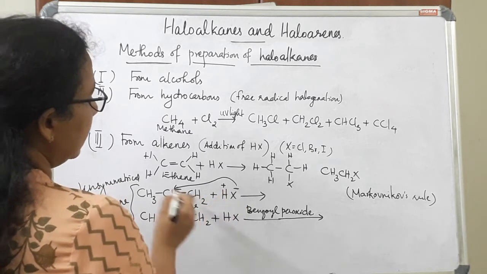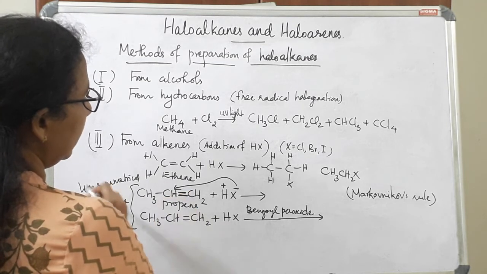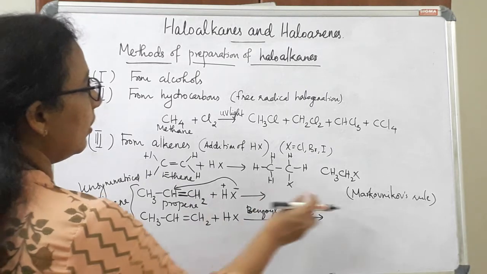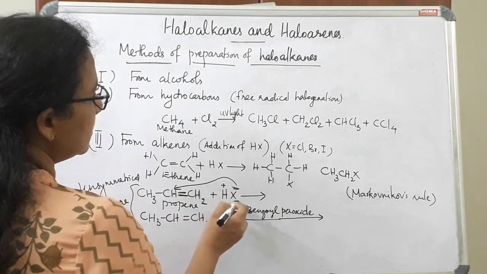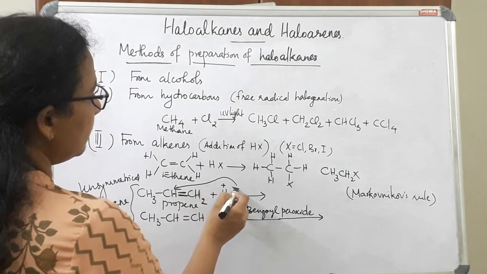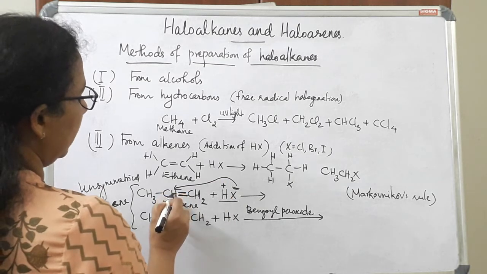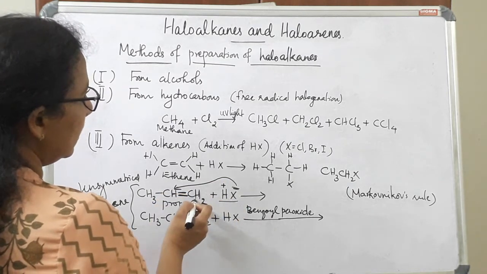But this halogen should be attached to this carbon since there is only one hydrogen. Here there are two hydrogen atoms. So according to Markovnikov's rule, the negative part of the addendum, so this is the adding molecule, goes to the carbon containing less number of hydrogen atoms. Obviously, hydrogen should attach with the other carbon.